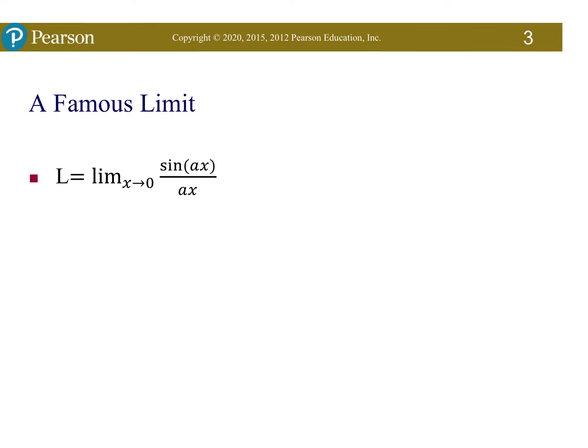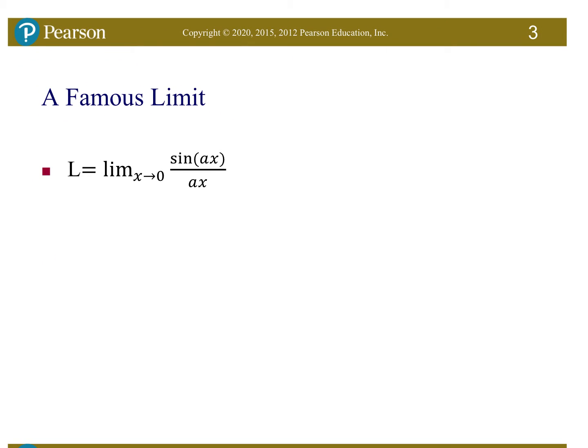One limit you have previously learned that was already indeterminate was the limit of sine of ax over ax as x approached 0. What happened is when we plugged 0 directly in, we got sine of 0a over 0a.